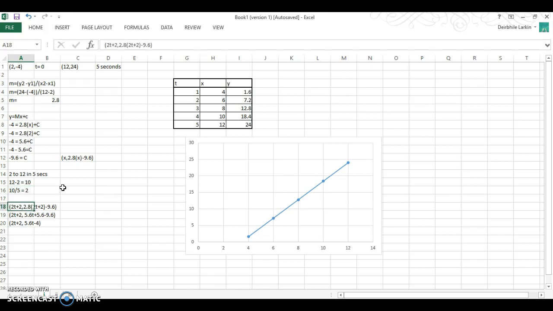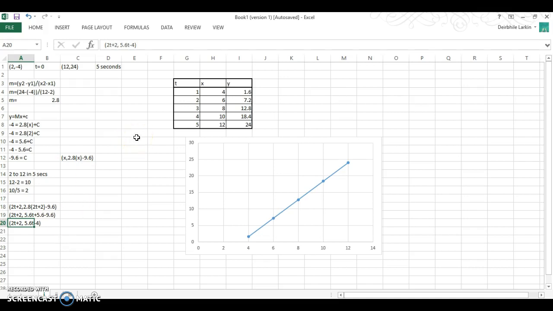So x is going to be equal to 2t plus 2, and y is 2.8 multiplied by 2t plus 2 subtracted by 9.6, which shortened down is 2t plus 2 for x and 5.6t minus 4 for y.